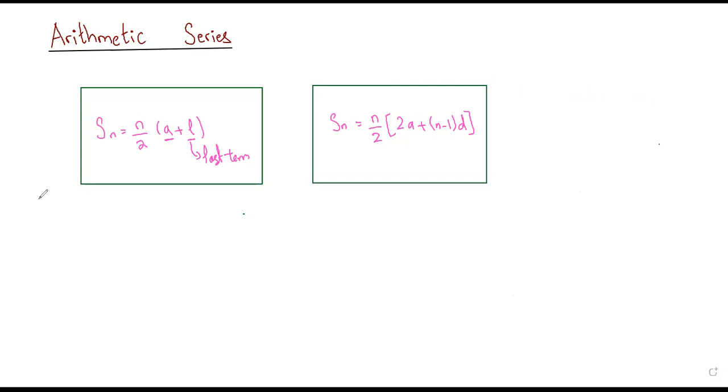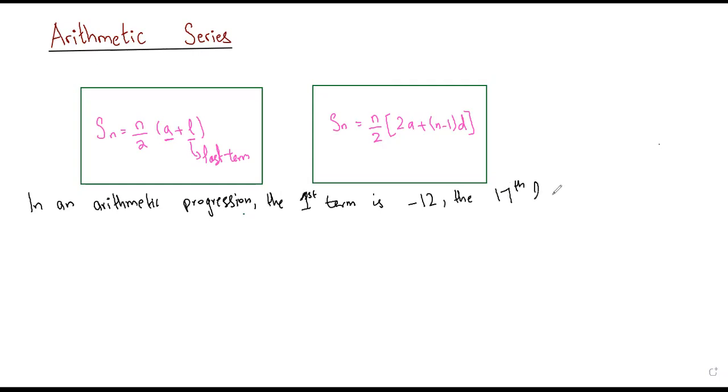Okay. It says, in an arithmetic progression, the first term is minus 12. The 17th term is 12.